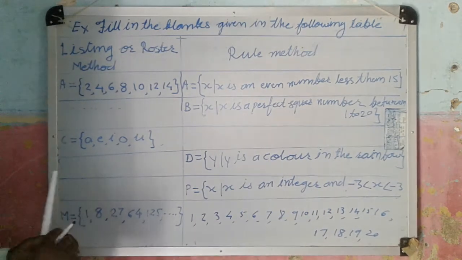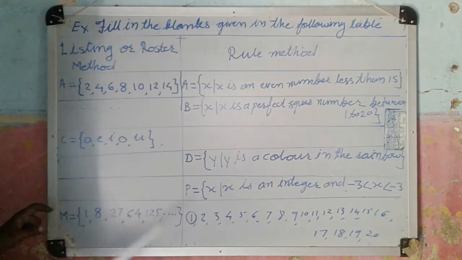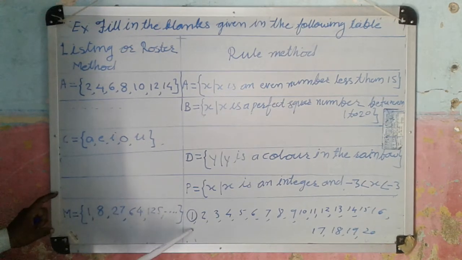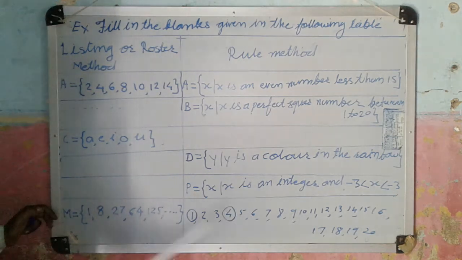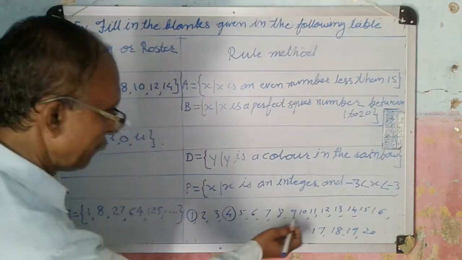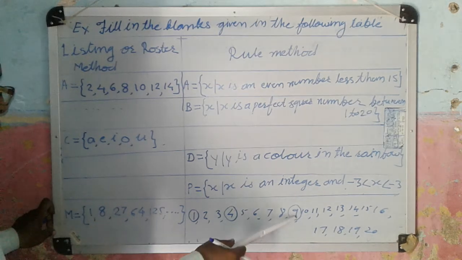Now see here, this 1 is a perfect square and this is square of 1. 1 square is equal to 1. Now 4. This is a perfect square and this is square of 2. 9. 9 is a square of 3.